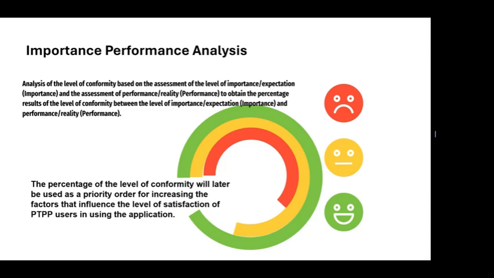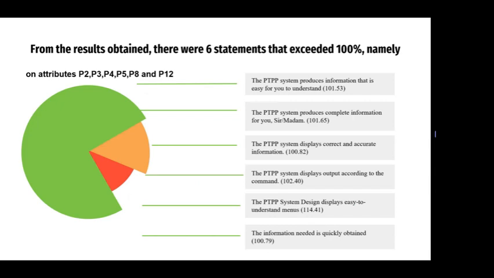The percentage of the level of conformity will later be used as a priority order for increasing the factors that influence the level of satisfaction of PTPP users in using the application or the system. From the result obtained, there were 6 statements that exceed 100%, namely attributes P2, P3, P4, P5, P8, and also P12, that you can see from the PowerPoint.